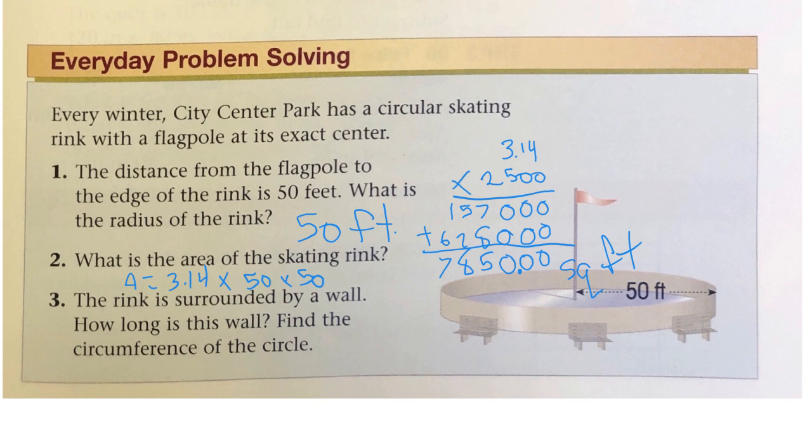For number 3, the rink is surrounded by a wall. How long is this wall? Find the circumference of the circle. So circumference would equal pi times the diameter.